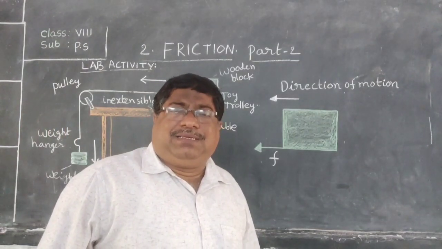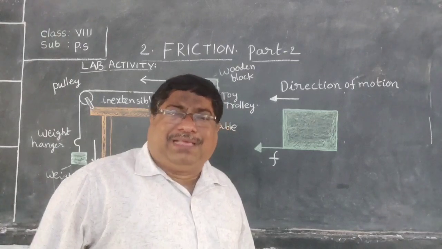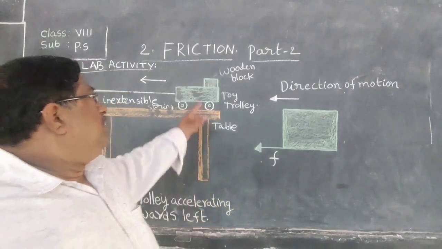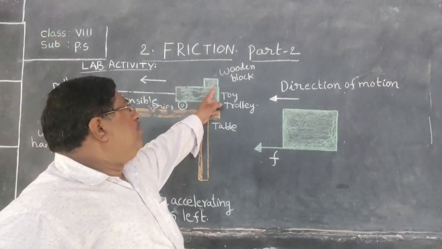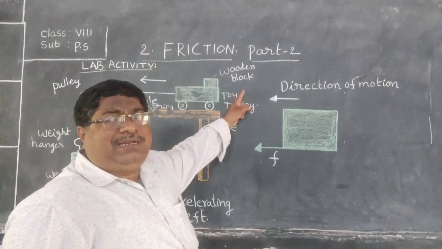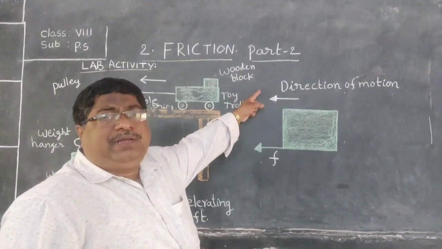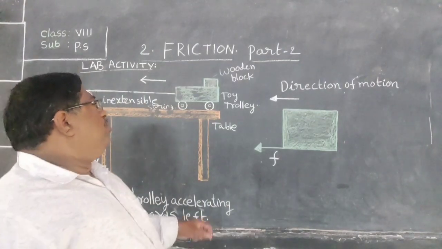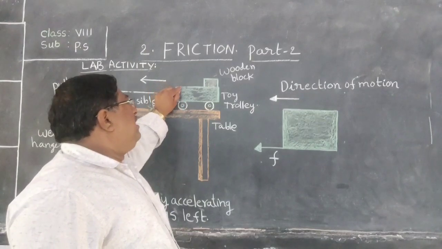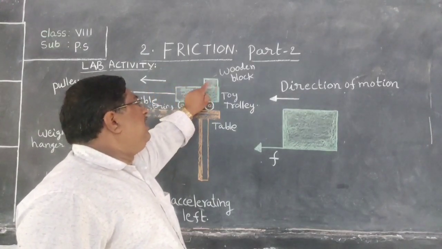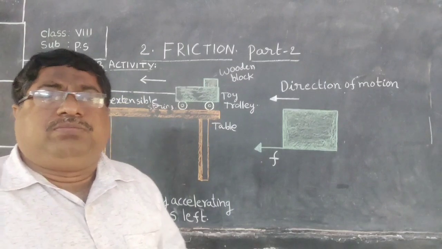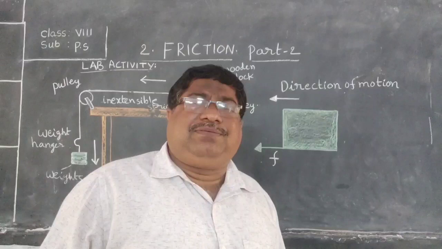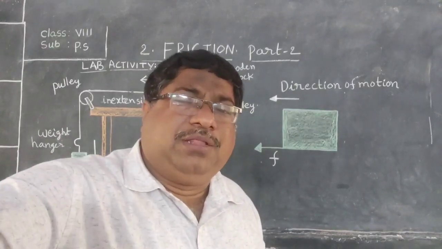At this certain limiting acceleration or limiting weight, the block moves in the reverse direction, that is, in the rightward direction. Now there exists a relative motion between the surfaces of the trolley and the block.